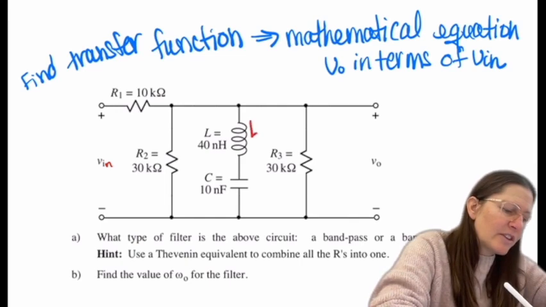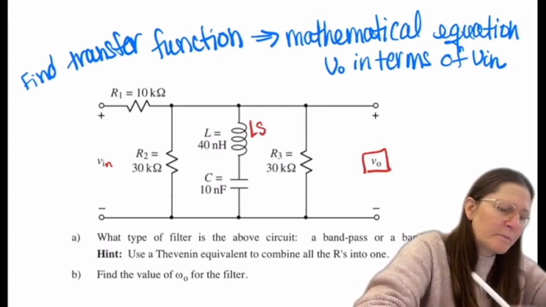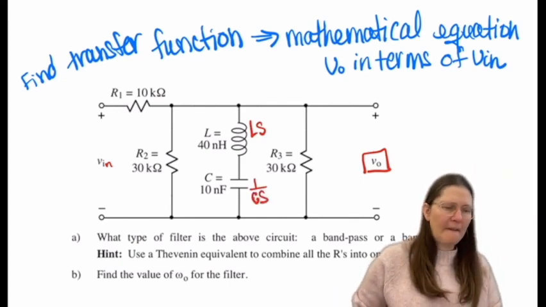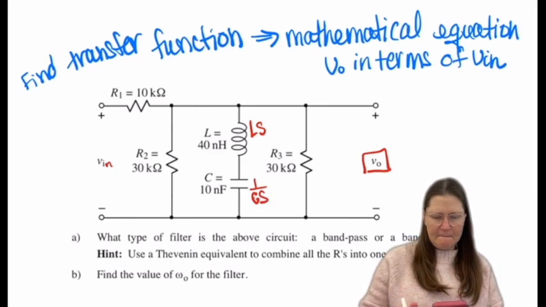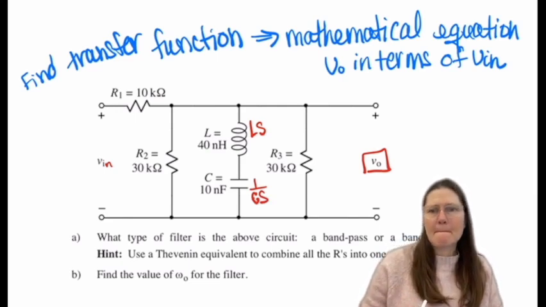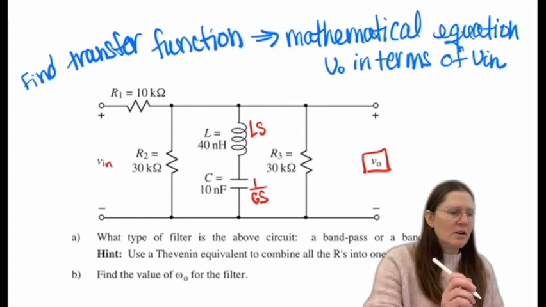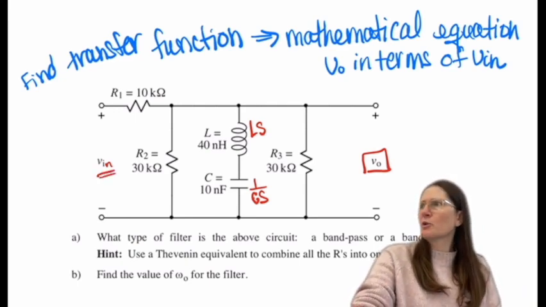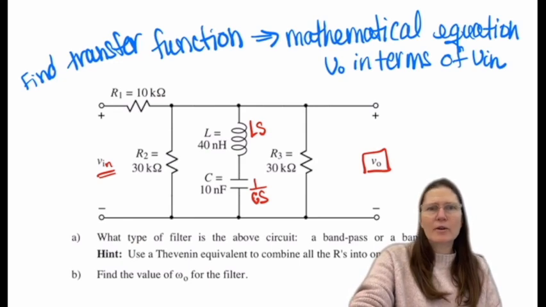And solve this for VO. So you're going to leave V in as a variable in there and solve for V out.